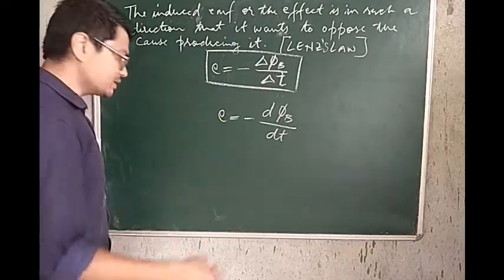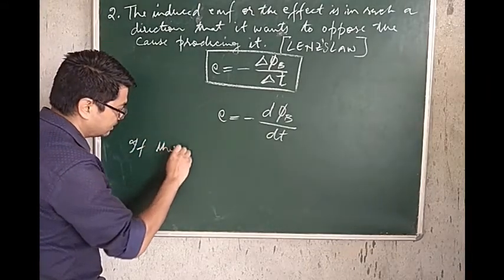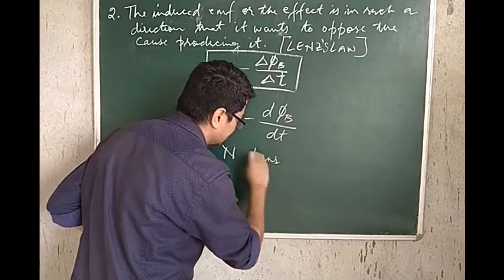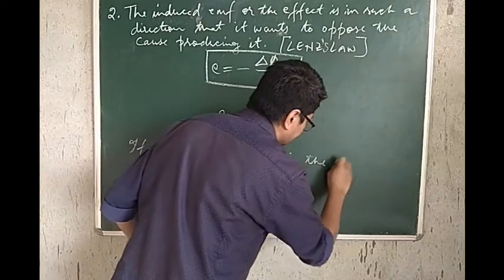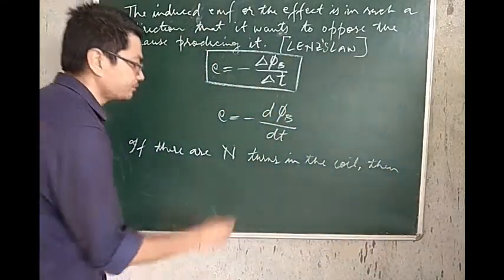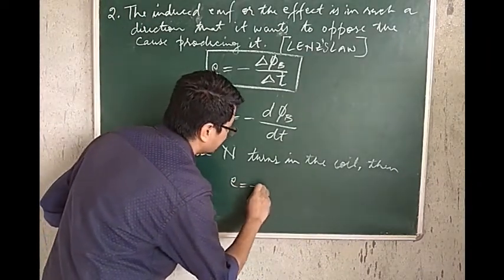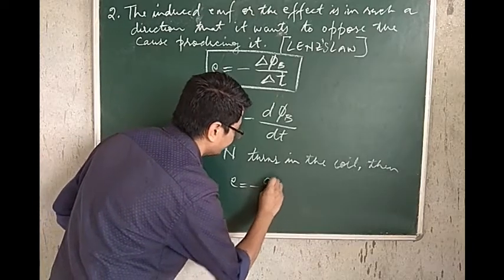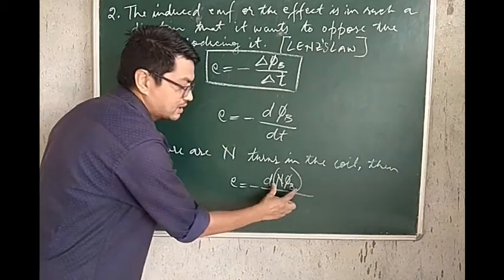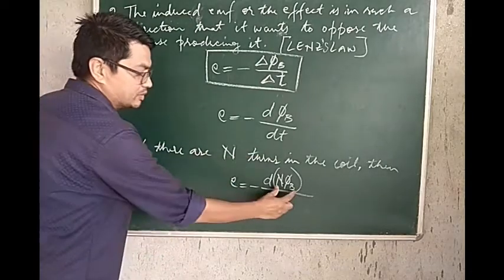Now, if there are n turns in the coil or in the circuit, then E will be equal to minus d of n phi b by dt, because the magnetic flux linked with the coil which has n turns will be n phi b.